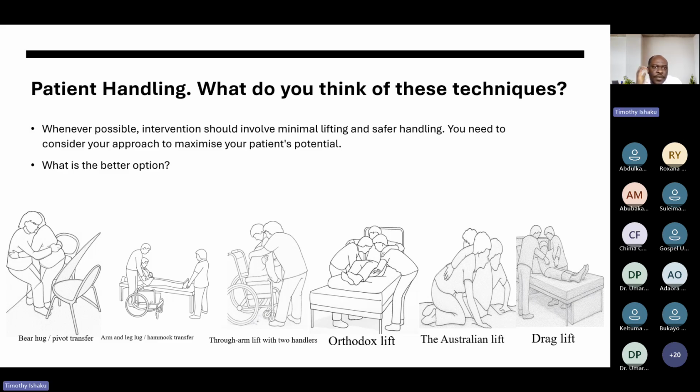What do people think? What do you think of these techniques when you see them? Is this something we tend to do in practice? And if it is yes, what is the implication to us and to the patient? And is there anything we could do differently?